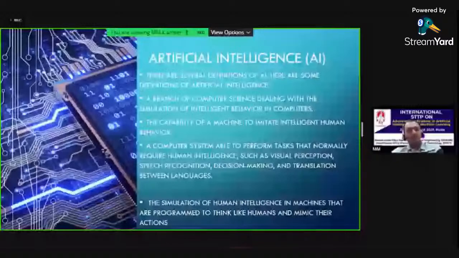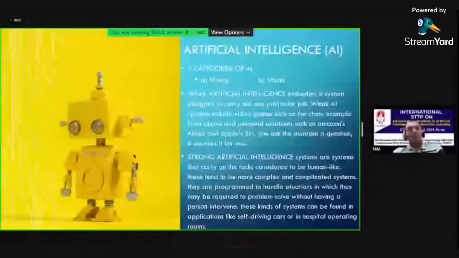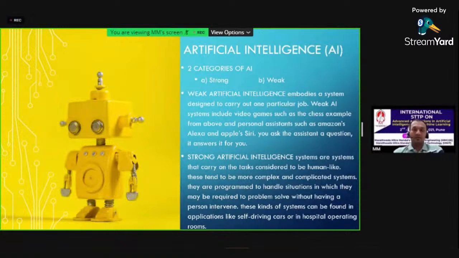It can basically be categorized into two things: strong AI and weak AI. Weak artificial intelligence is embodied as a system designed to carry out a particular task, like chess or video games, or the two popular products currently on the market, Apple Siri and Amazon Alexa.